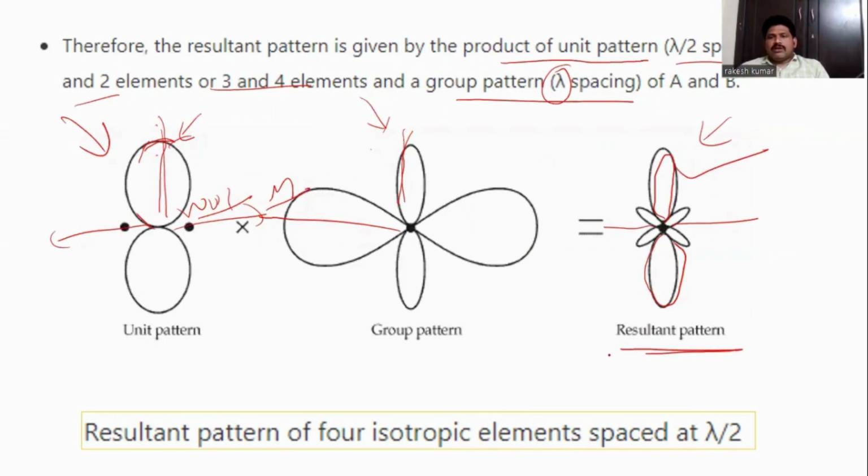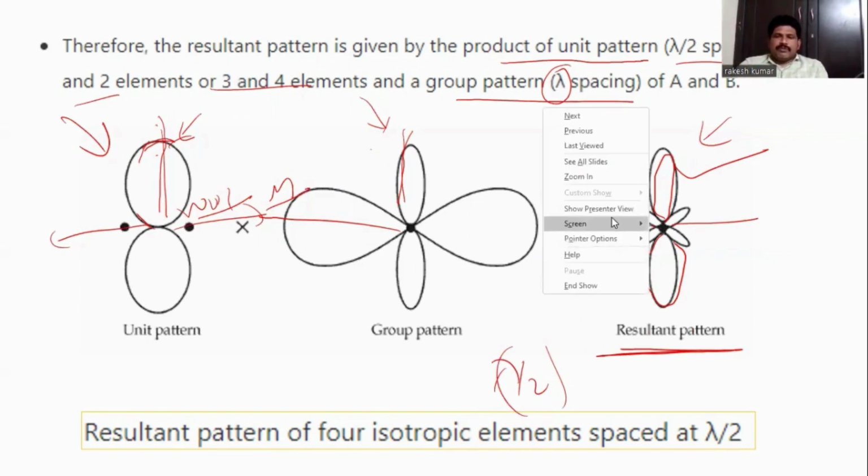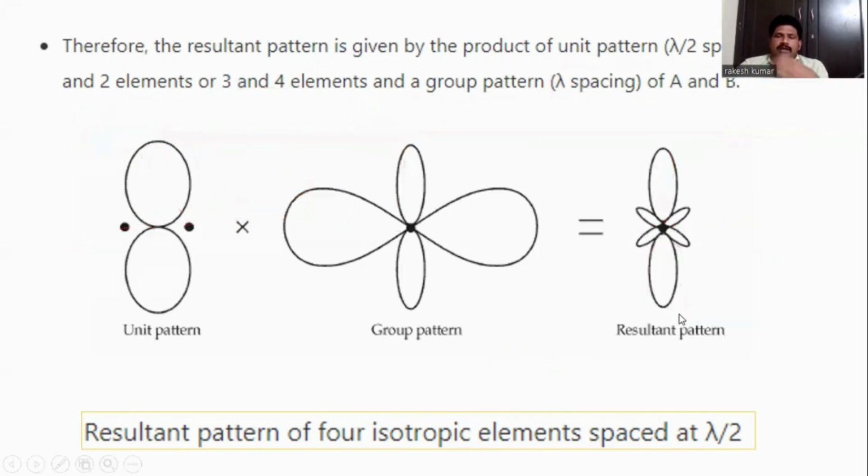So this is the total resultant pattern of four isotropic antenna elements separated by lambda by 2. So this is very simple: without doing all the calculations, simply by multiplying, we can obtain the total resultant field. Okay, so it is clear. Here maximum radiation, in this direction maximum radiation.